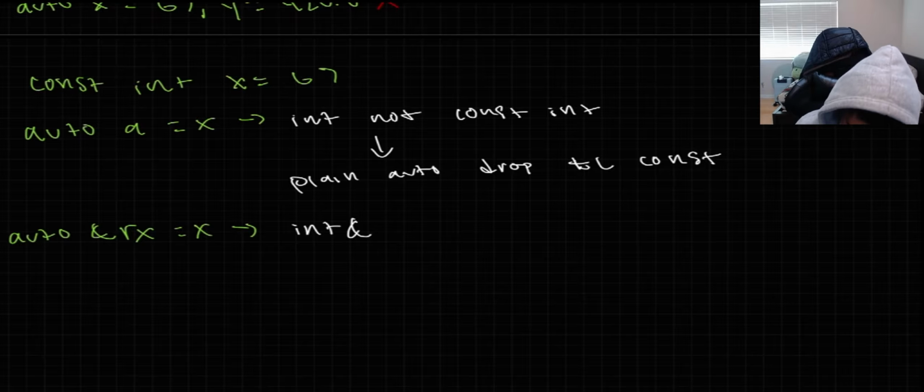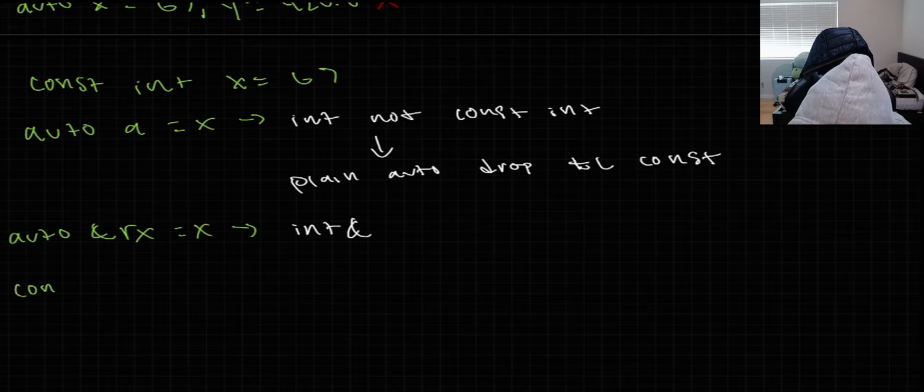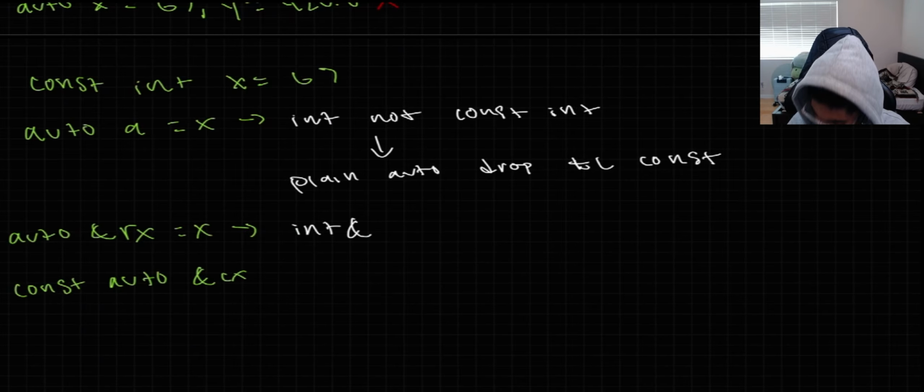And in the event we have a reference to a constant, what would that be? I'm sorry, a reference to a const auto. So const auto and reference, let's call cx. This would be the same thing as this rule up here, where it's just a const auto or a const reference.